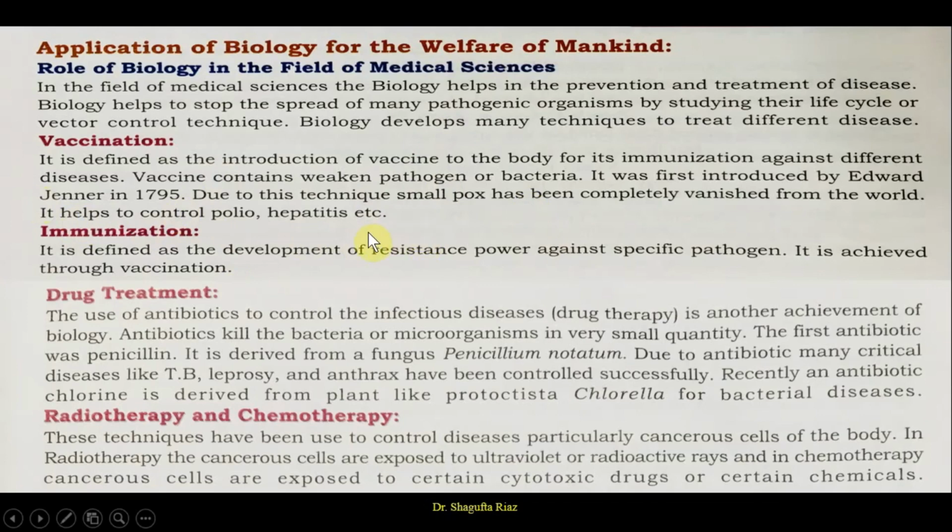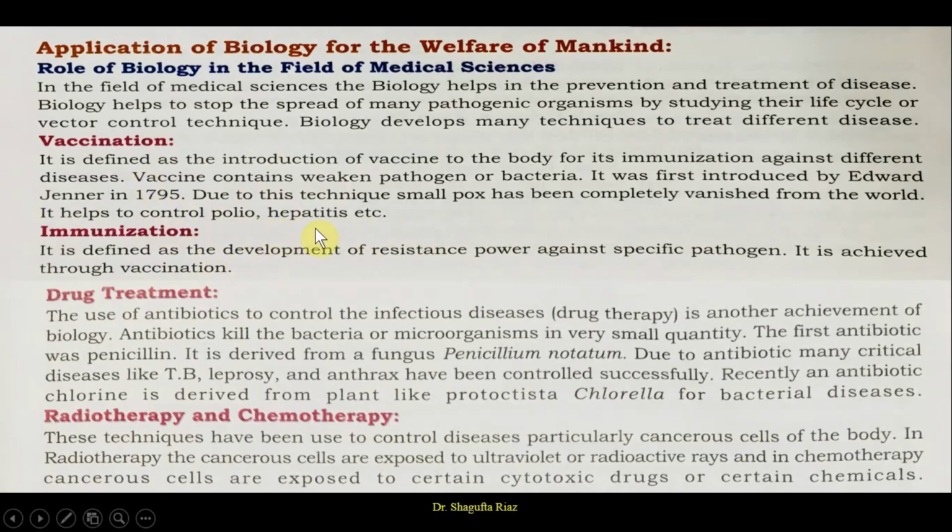Because of this very useful technique, smallpox is completely eradicated from the world now. It also helps to control polio in a number of countries. Pakistan is not yet polio free, but a number of countries are polio free now because of this vaccine.